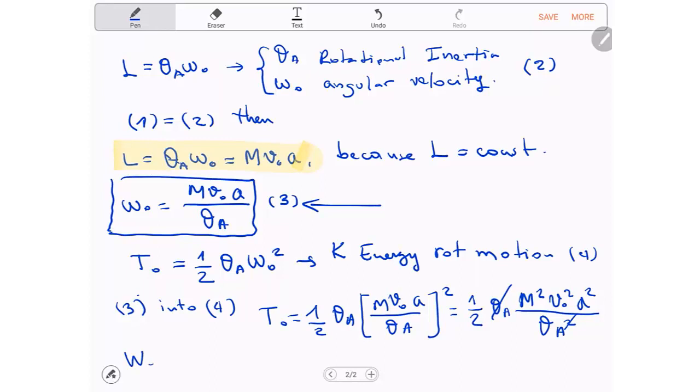We get T0 equal to m squared v0 squared a squared dividing theta a.